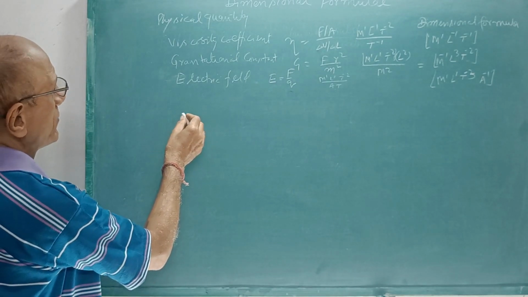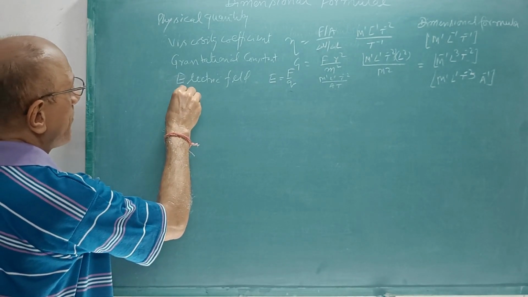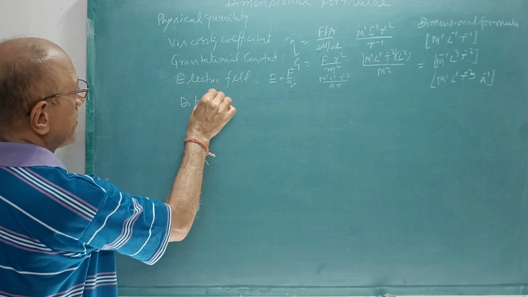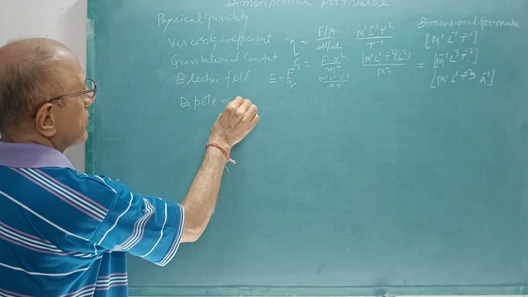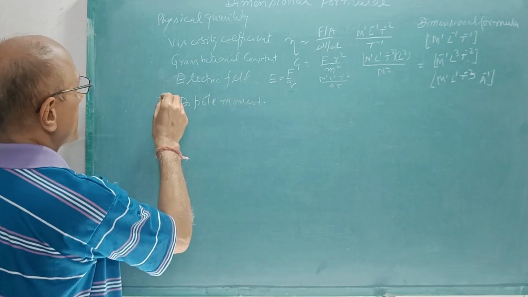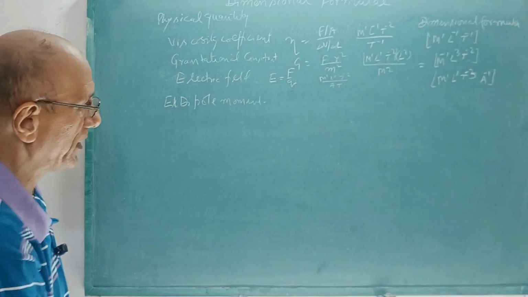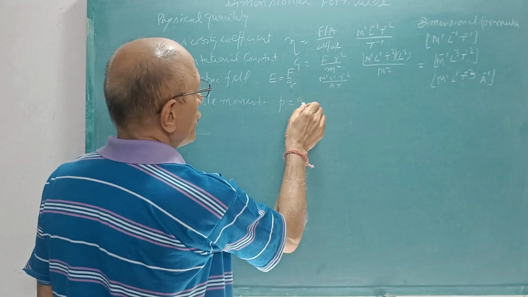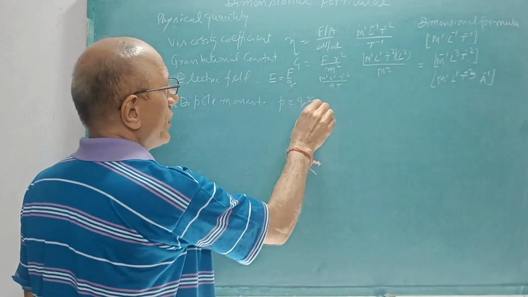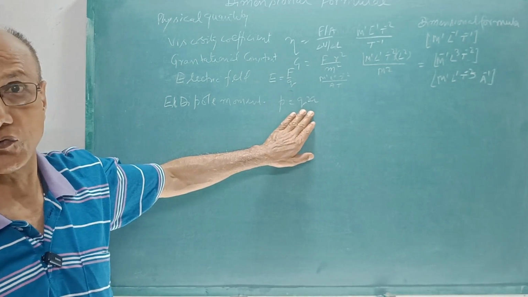Now we can get dipole moment, that is electric dipole moment. Electric dipole moment P is Q into A or 2A, that is distance. So charge into distance.